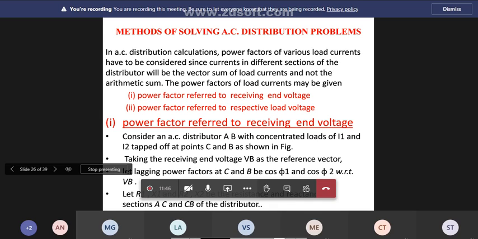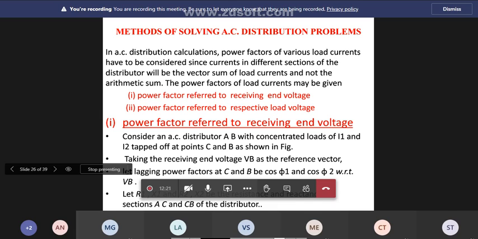So in an AC system, power factor has to be taken into account. Therefore, the loads tapped off from the distributors are generally at different power factors. One consumer may consume more power at a time, so their house will operate with one type of power factor, whereas another consumer will have another, so every consumer has its own power factor.